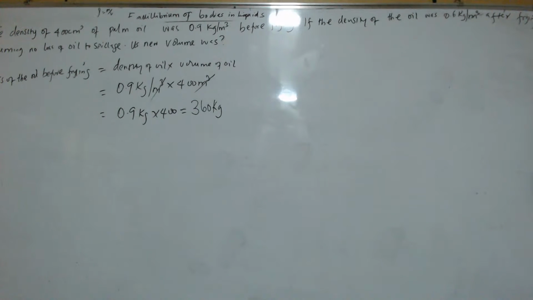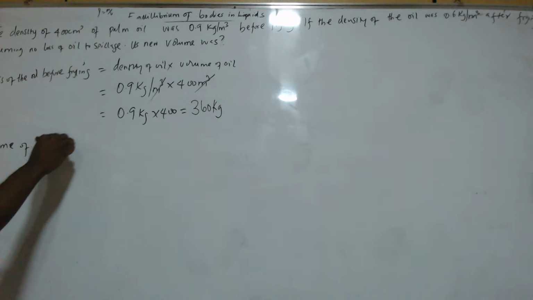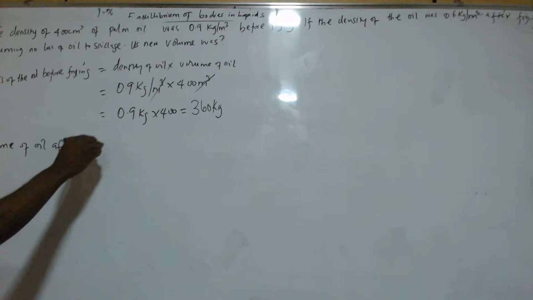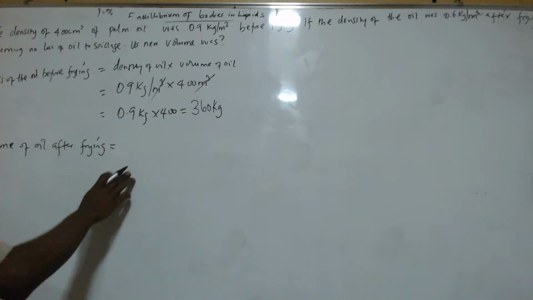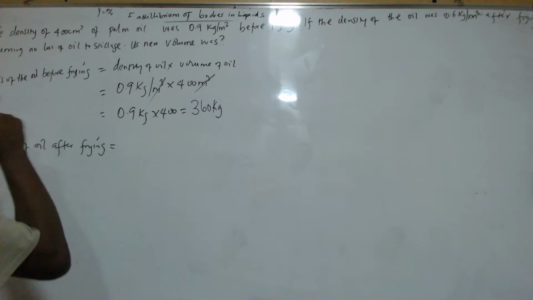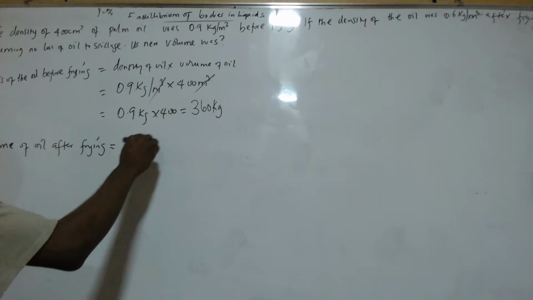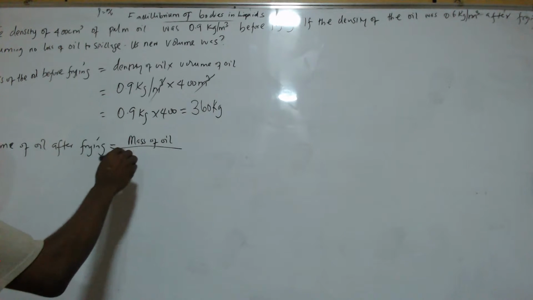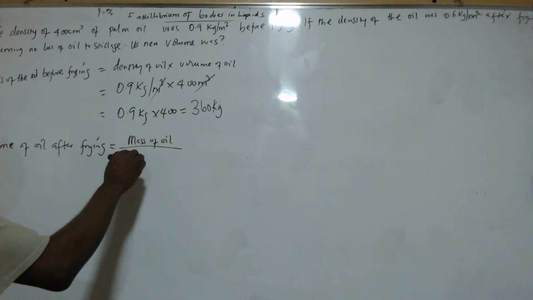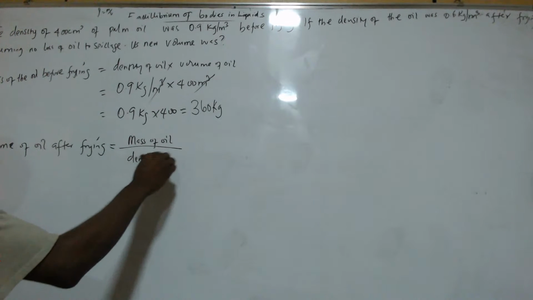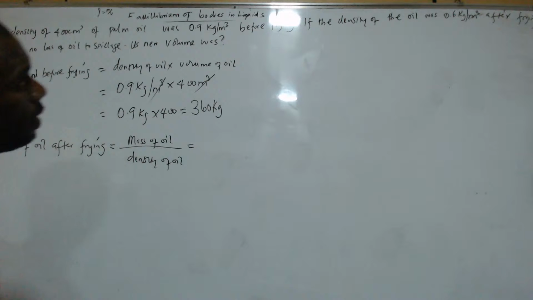Now let's calculate the volume of oil when it has been fried. Volume of oil after frying will be mass of oil all over density of oil after frying.